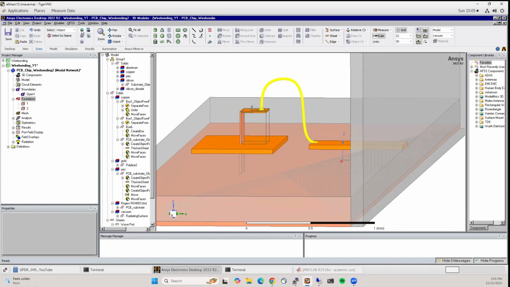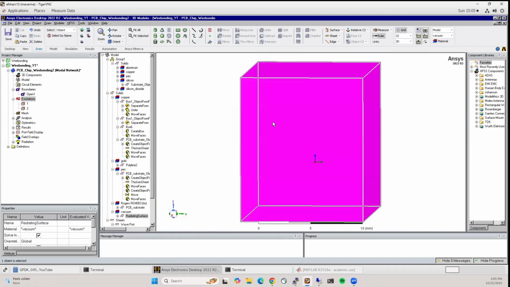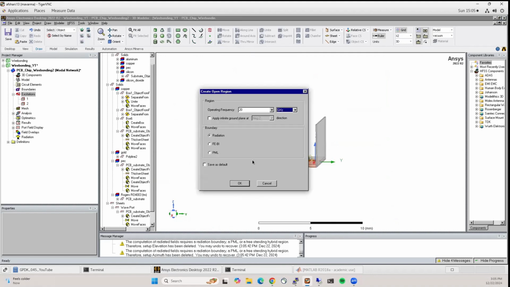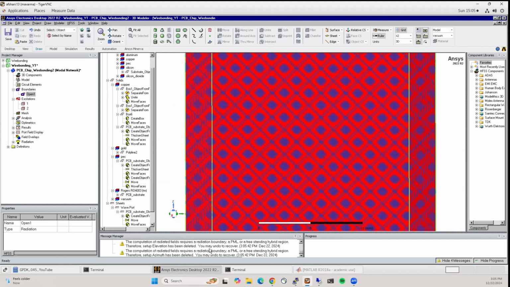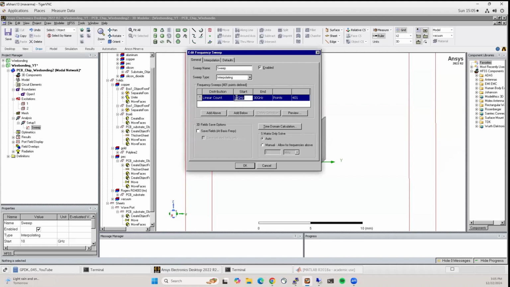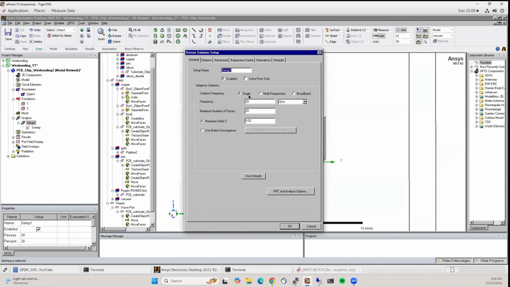Okay, before that, I also want to change one more thing. Delete this and then create an open region 10 gigahertz. Okay, and we want to change this a little bit. Go from 1 to 30, fine.